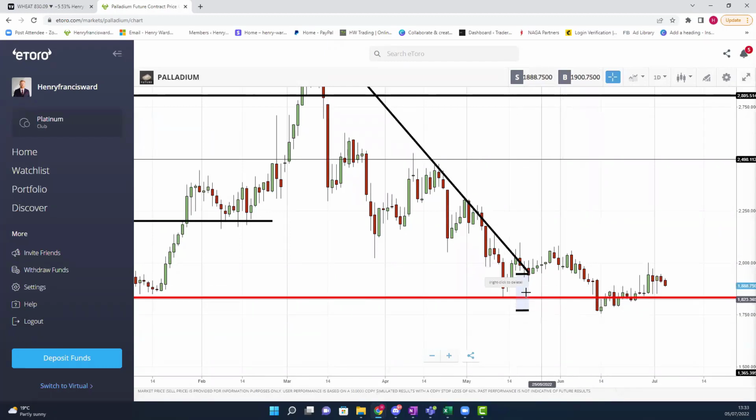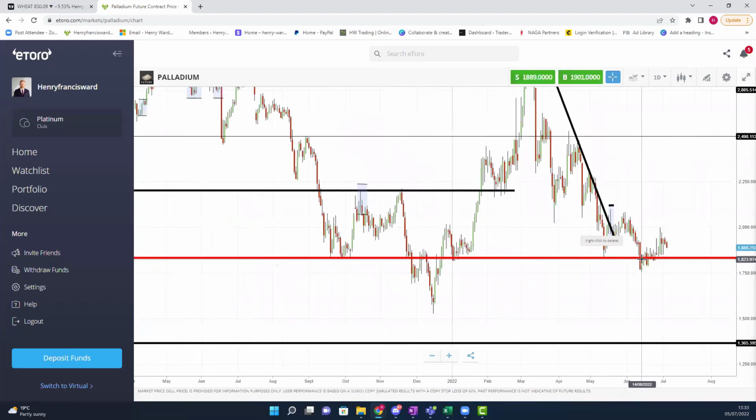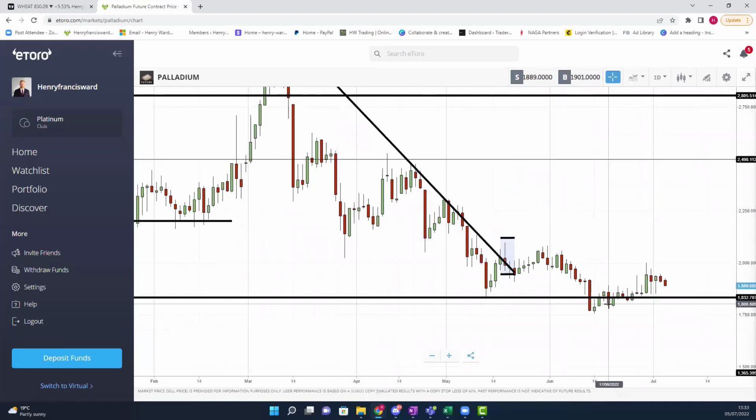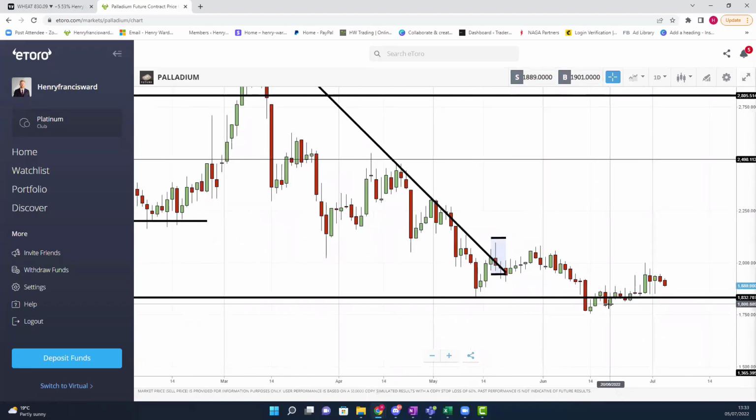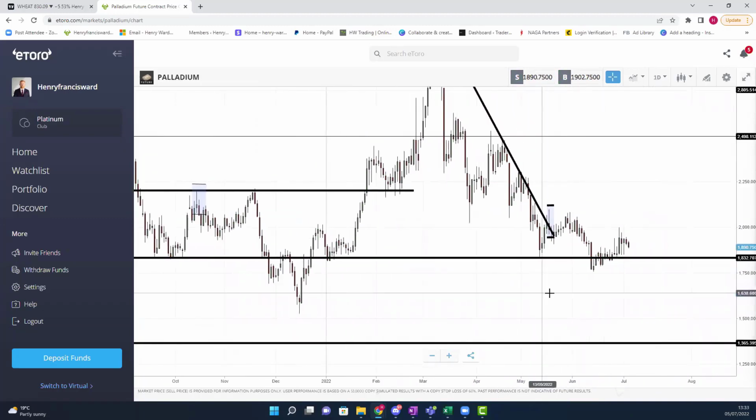Barely made a 1-to-1, depending on where entry was, just slightly up. You probably would have been kicked out of that by the actual contract finishing. But again, it hasn't played out the way we wanted it.